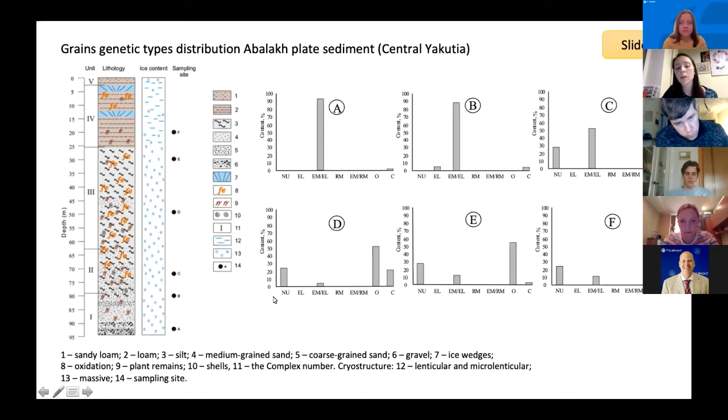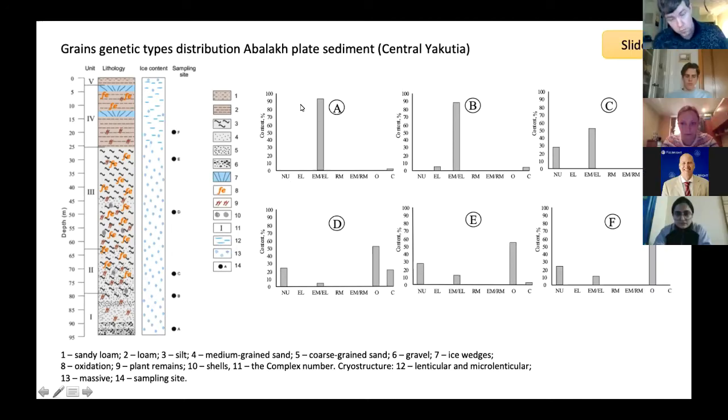There you can see the distribution of different genetic types of grains, like those broken just from bedrock, for example, and grains from the fluvial environment, and so on.